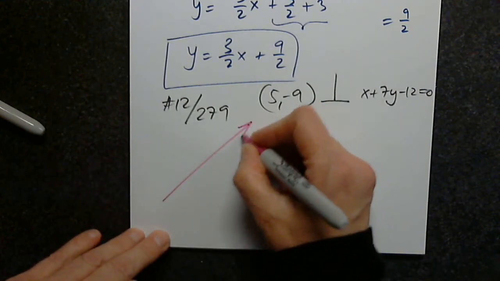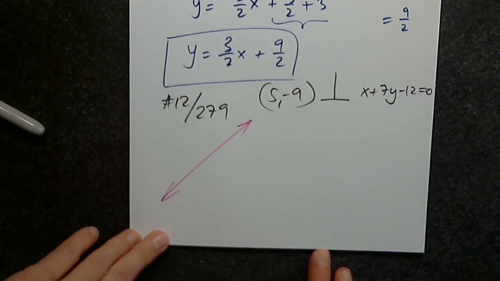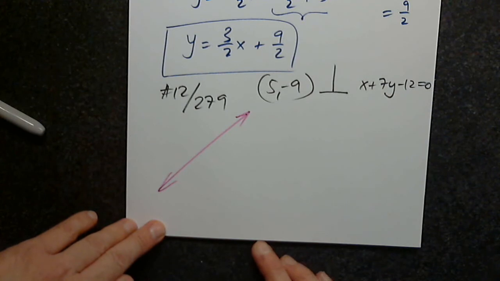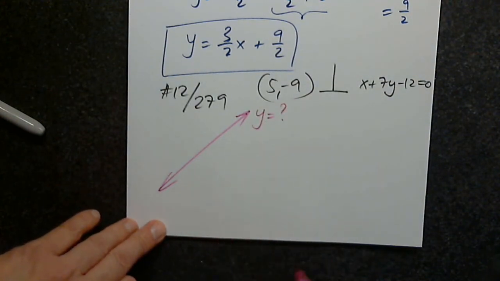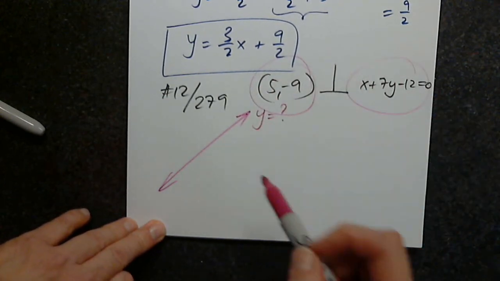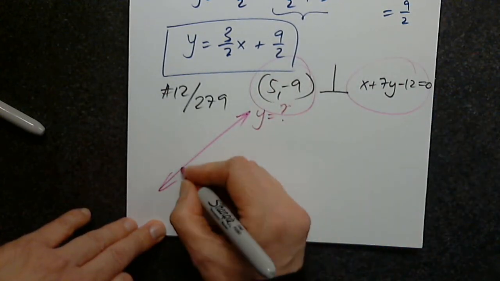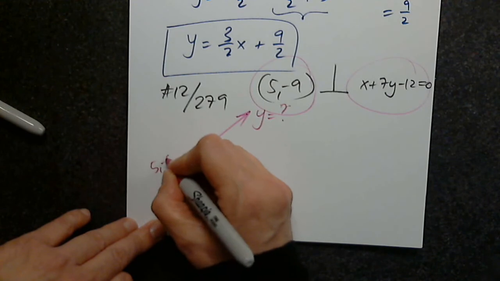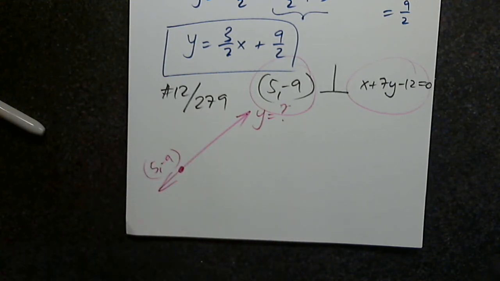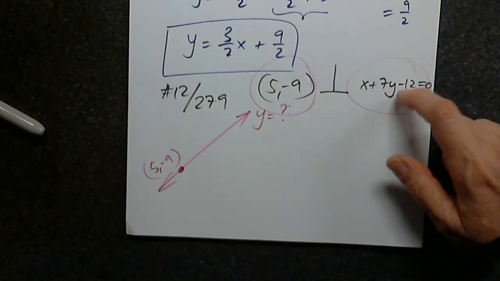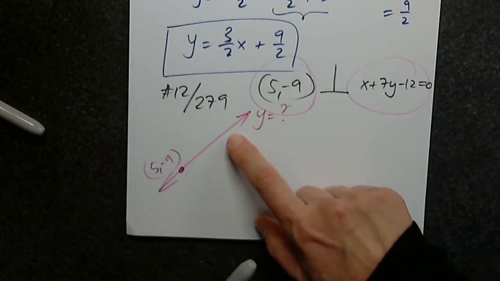So this is a line whose equation we're interested in determining. We don't have the equation of this line. But we know two pieces of information. One, that somewhere along the line we have (5, -9), which is not the y-intercept. Also, we know that this line is perpendicular to this line.